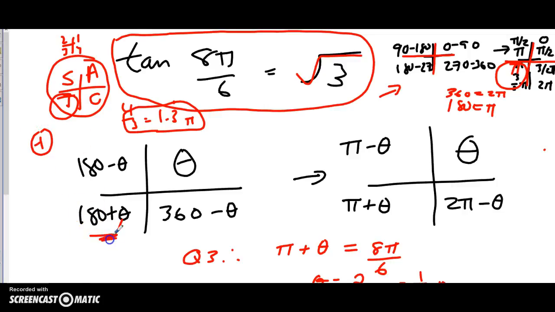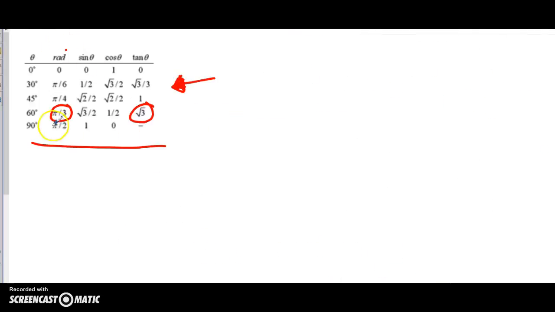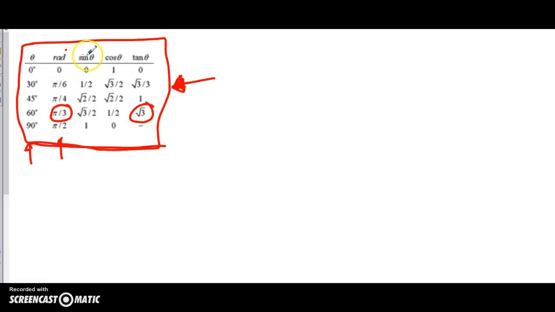Also, if I'm in quadrant 3, what I want to do is find the related angle, because I have my table here of values, where you have your given theta, then the equivalent radian version, and then your sine, cos, and tan ratio.